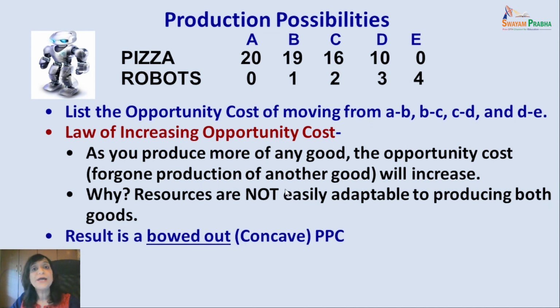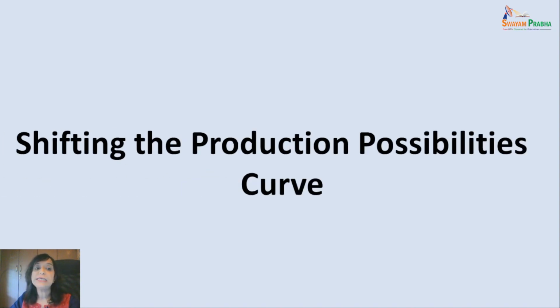Therefore, the production possibility curve is concave in such a situation. It is bowed out, as we have seen. So, your production possibility curve can be a straight line or it can be bowed out. It will be bowed out in case of an increasing opportunity cost.